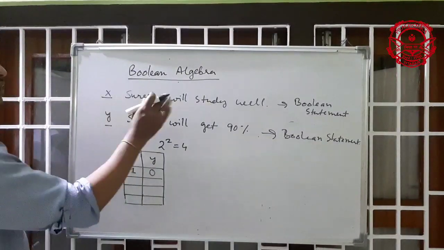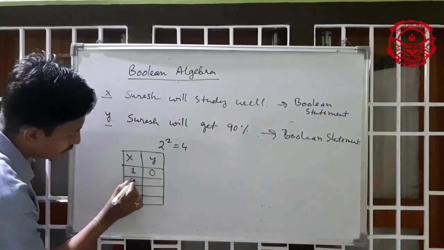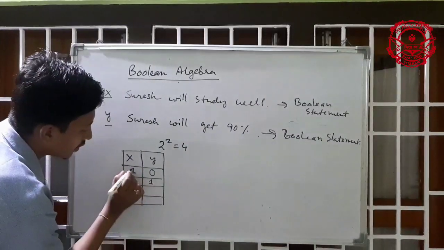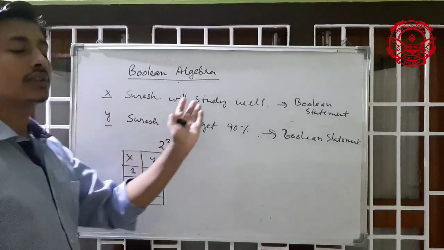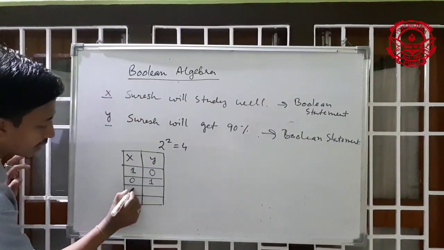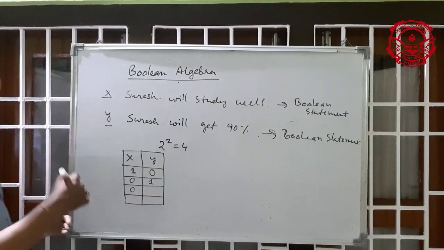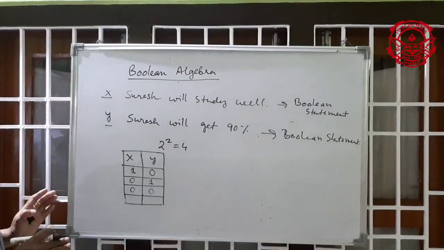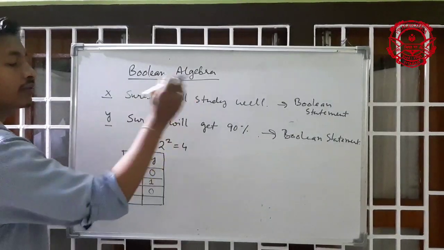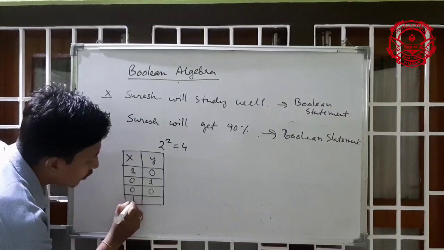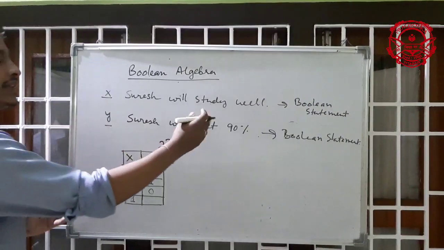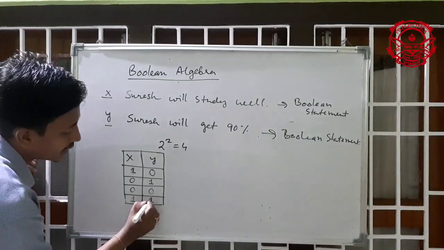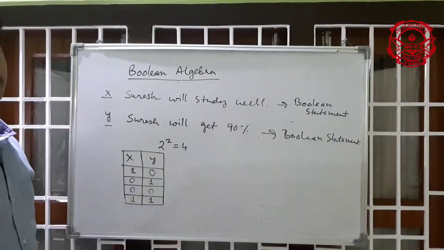Second possibility, Suresh will not study well, 0, but he will get 90%. Third possibility, Suresh is not studying well, false, 0, and he will also not get 90%, 0. The last possibility, Suresh will study well, that is true, and he will also get 90%, that is 1. So these are the four possibilities of these two statements.